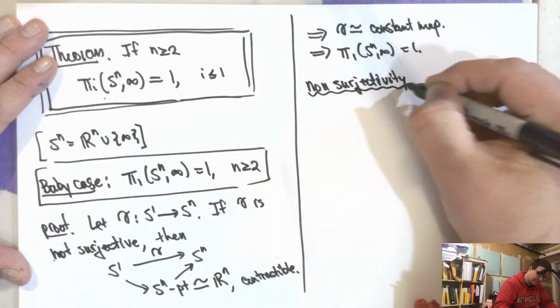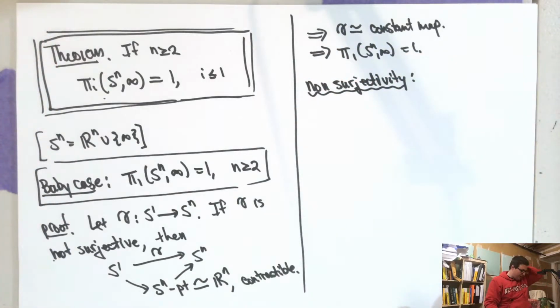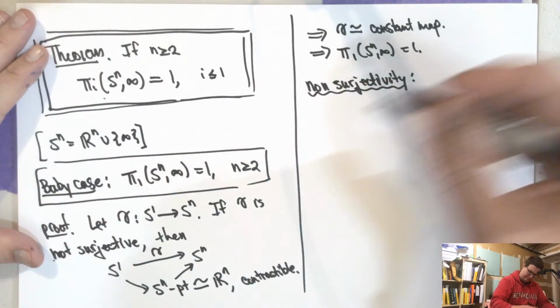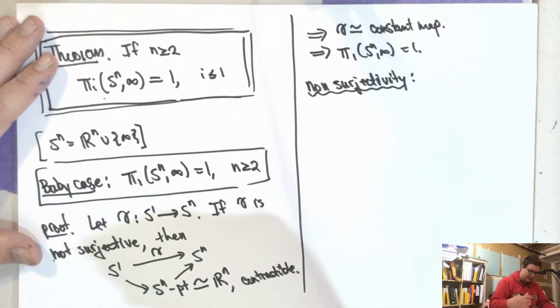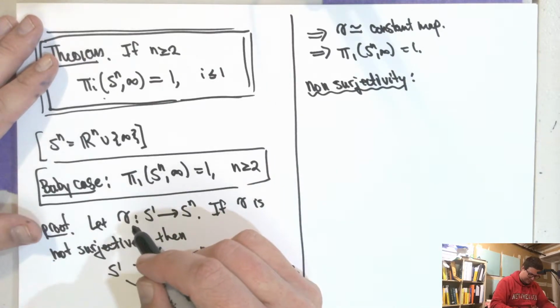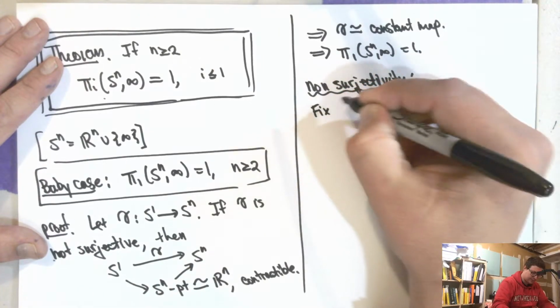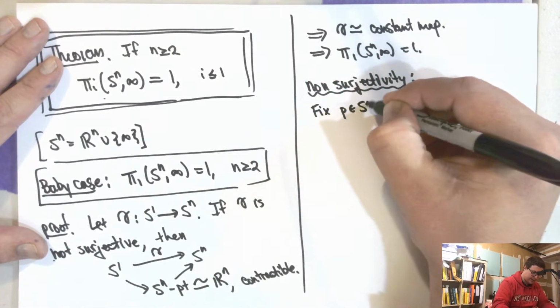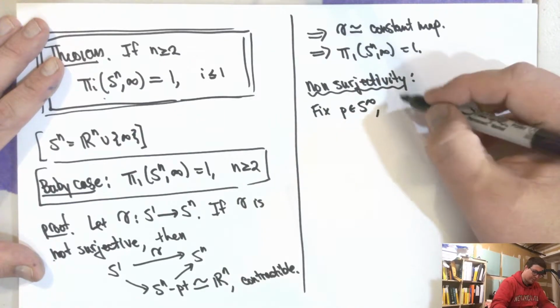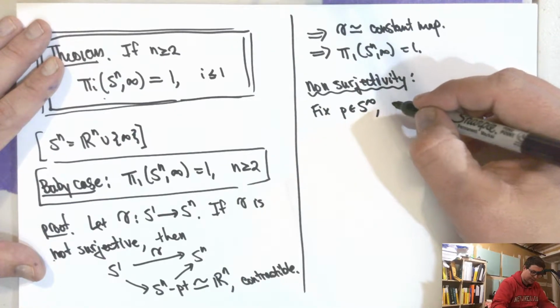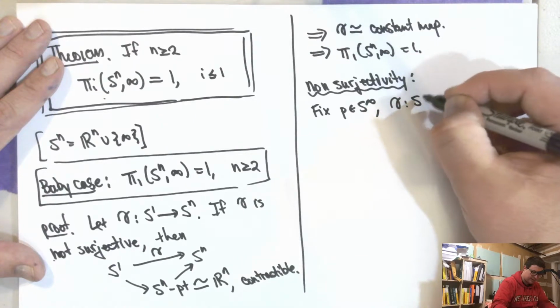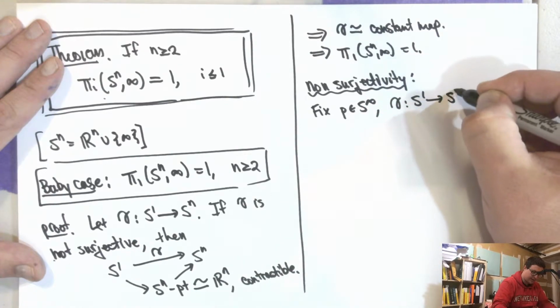Okay, so here's the proof of non-surjectivity. We'll fix a point, and then we'll show that we can modify the curve to something homotopic to it that doesn't pass through that point. So fix p in S^n, and fix gamma from S^1 to S^n.